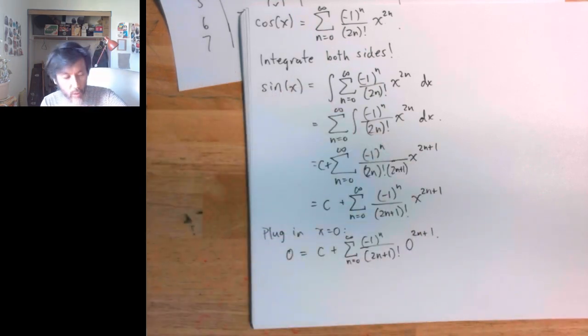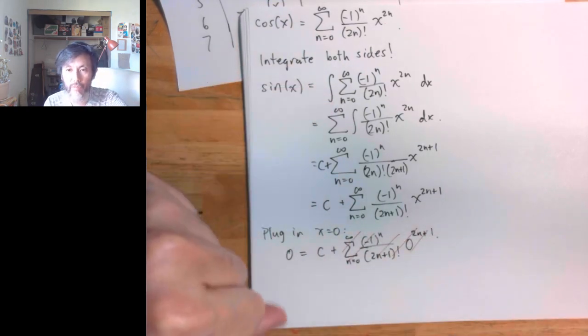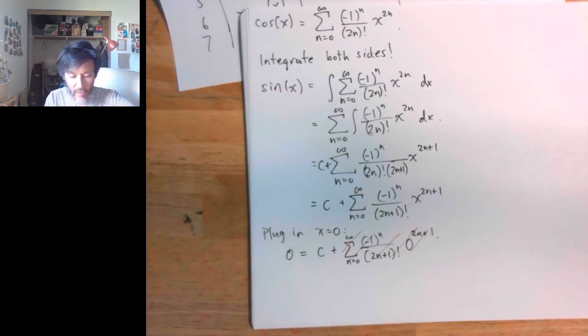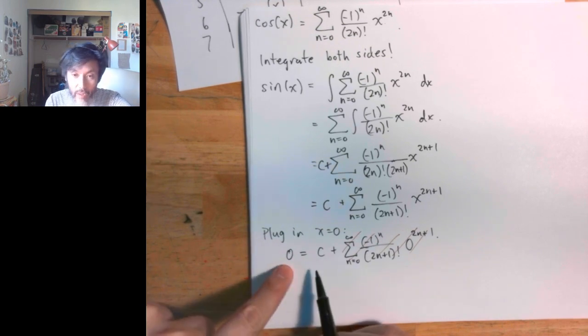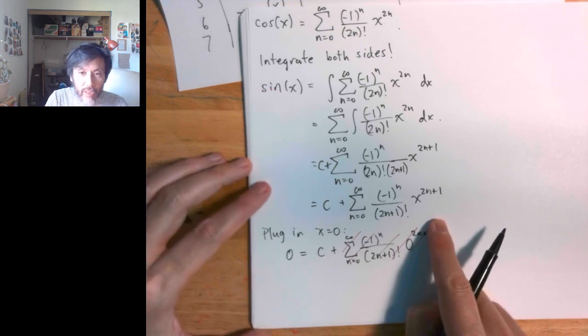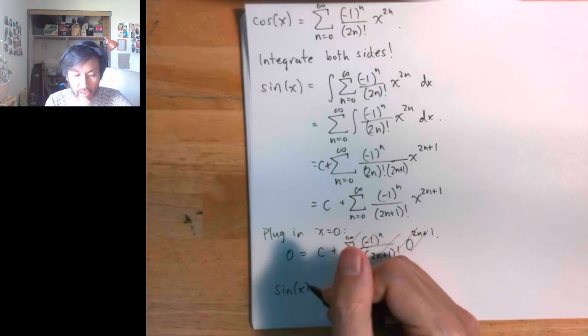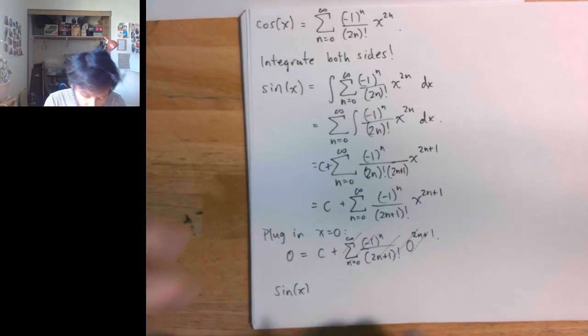And this whole thing, of course, dies. This is all just 0. So what we learned is that C is equal to 0. And so, you see what we get? We now have a power series for sine of x. We didn't have to do all of this work here again. We just used calculus to figure it out.